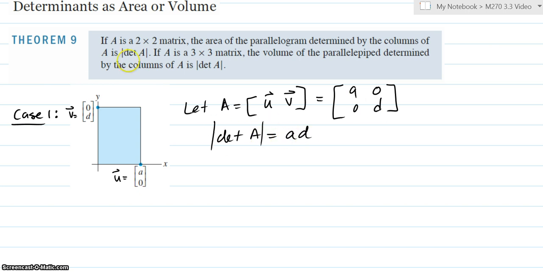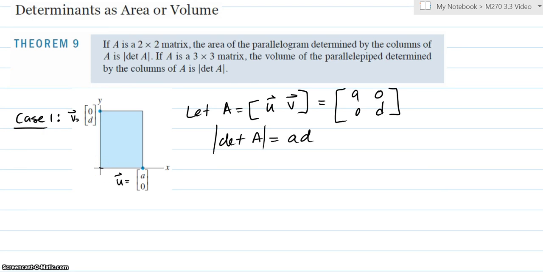Now, they do put absolute values here because we could have switched those around and you would end up with a negative. But in this case, it is going to be AD, which is the area of that rectangle, where U was that vector and V was that vector.